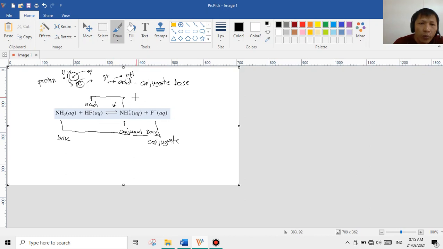What happens in equilibrium, because we're talking about equilibrium, is that the rate of the forward reaction is equal to the rate of the reverse reaction. I'm talking about rate. The speed of the forward and backward reactions is the same. That's why it is in equilibrium.